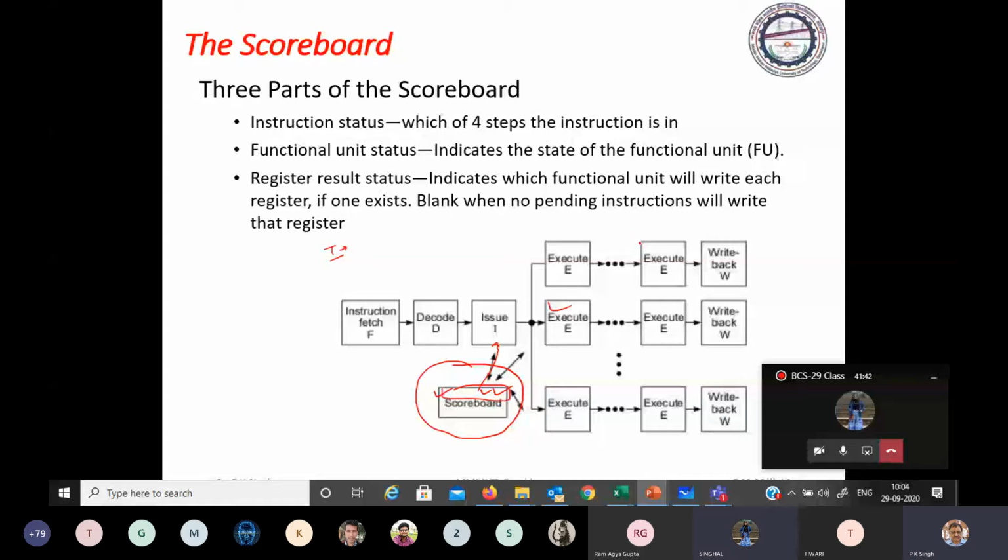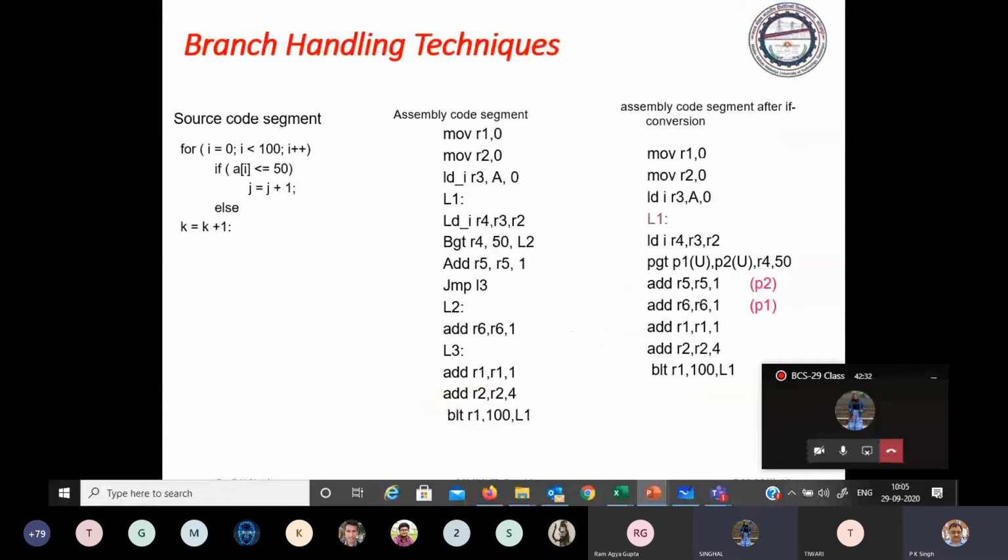So that instruction must wait up to the execution of this instruction, and when the result is loaded back, this will modify the scoreboard related to that instruction that needs the result of the instruction we have just executed, and this scoreboard will permit the control of execution to issue the instruction for execution because the operand needed is now available. Okay, this is your scoreboard.